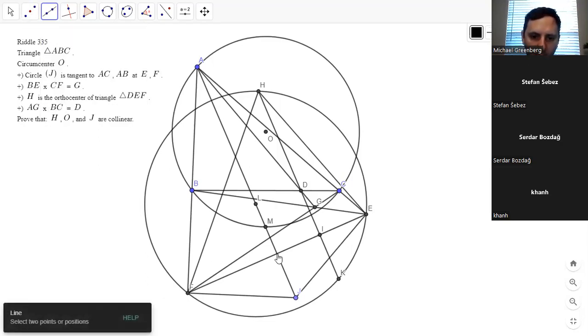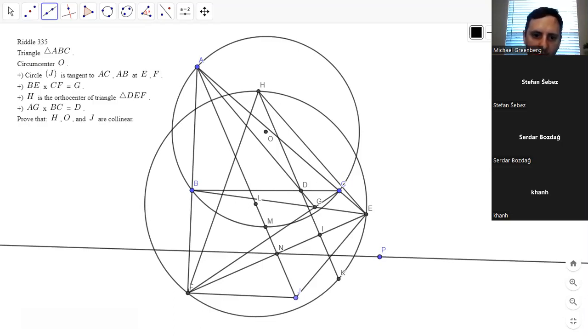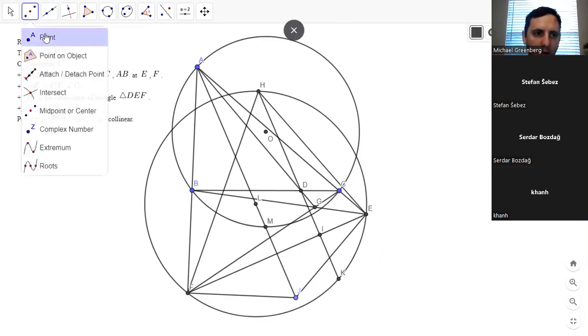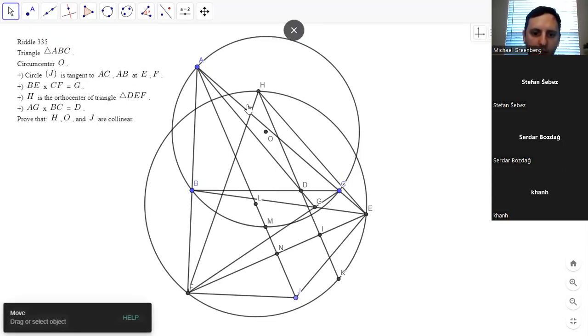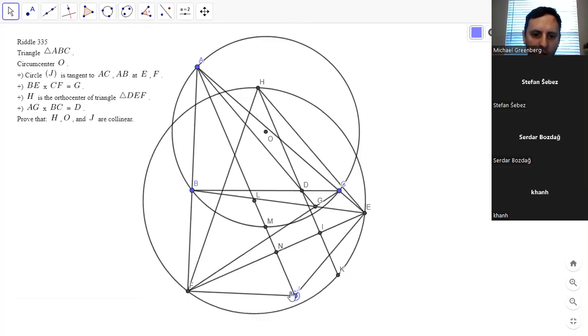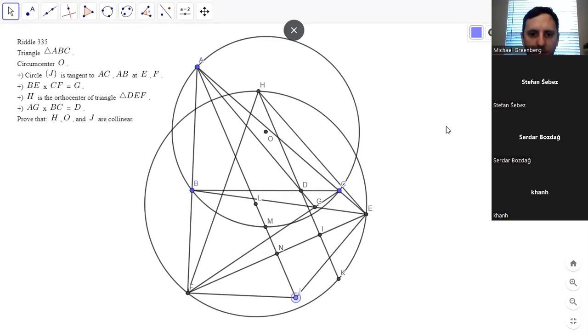And does LM equal MN? I think that's probably a coincidence. I doubt that would be true in general. Yeah, that's not true. But HD should be 2LN.